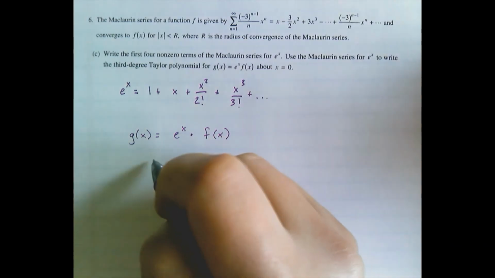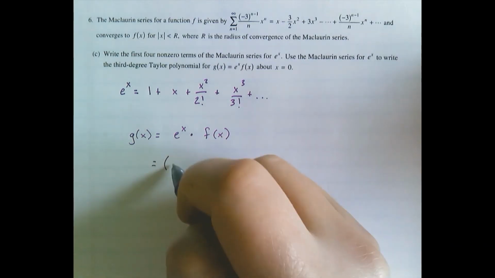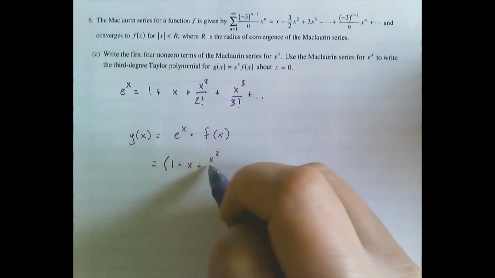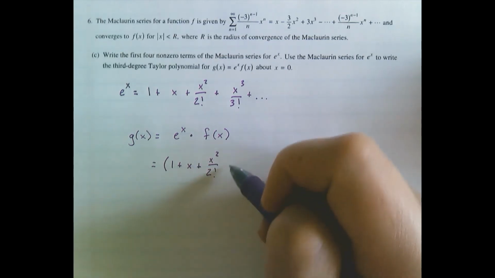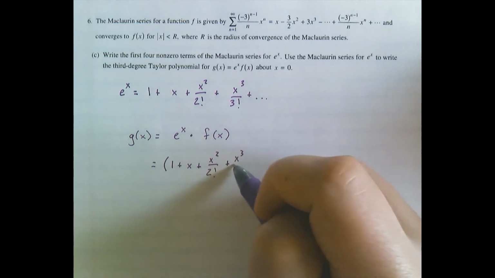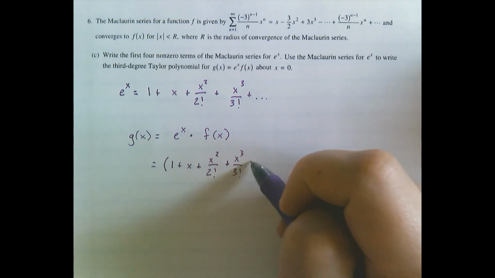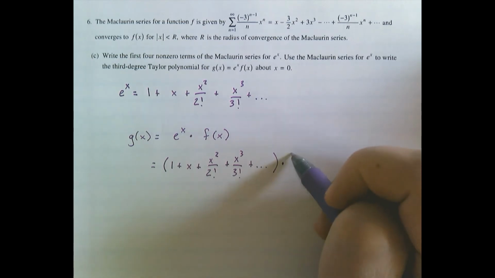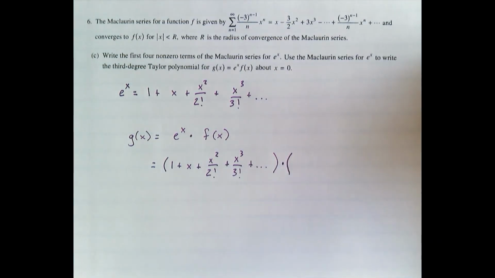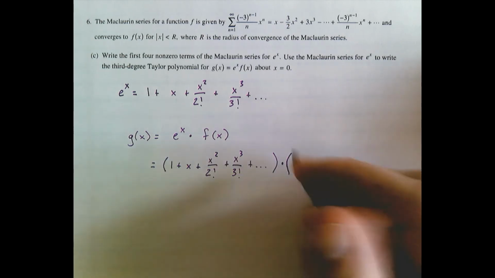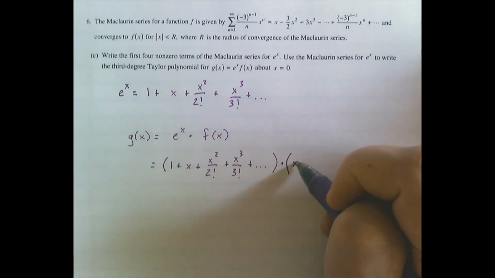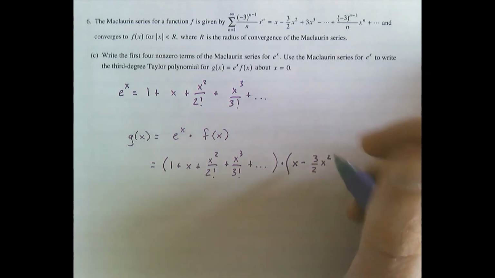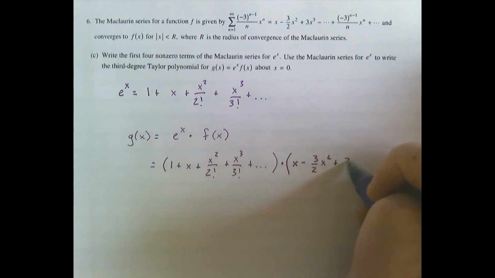Or alternatively written as polynomials, we write e to the x times the power series for f of x. Actually, they provided us f of x, we didn't find it.